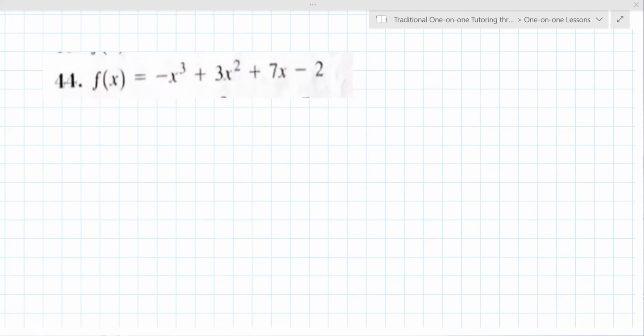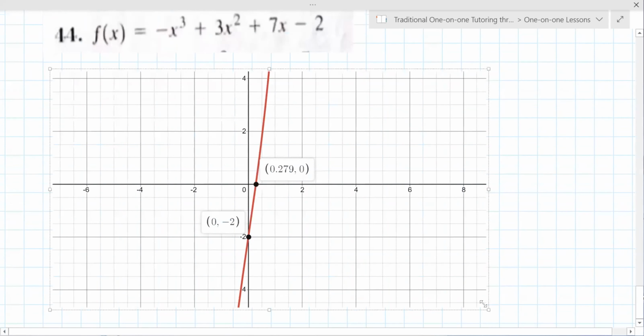Interestingly, this one, minus x cubed plus 3x squared plus 7x minus 2, doesn't have to have 3 x-intercepts, because some of them are real, some are not. And this is one of those cases where there's only one real intercept.